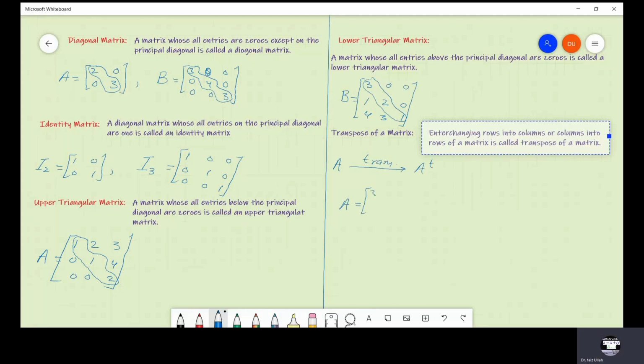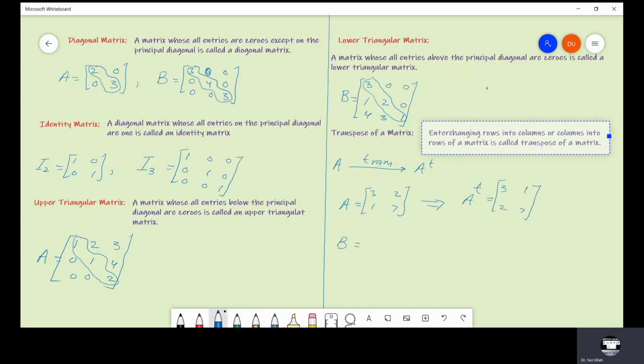The matrix is 3 2 1 7. How to obtain its transpose? To obtain its transpose, let us write its first row in first column, 3 2. Its second row in second column, 1 7. So this is transpose of matrix A.